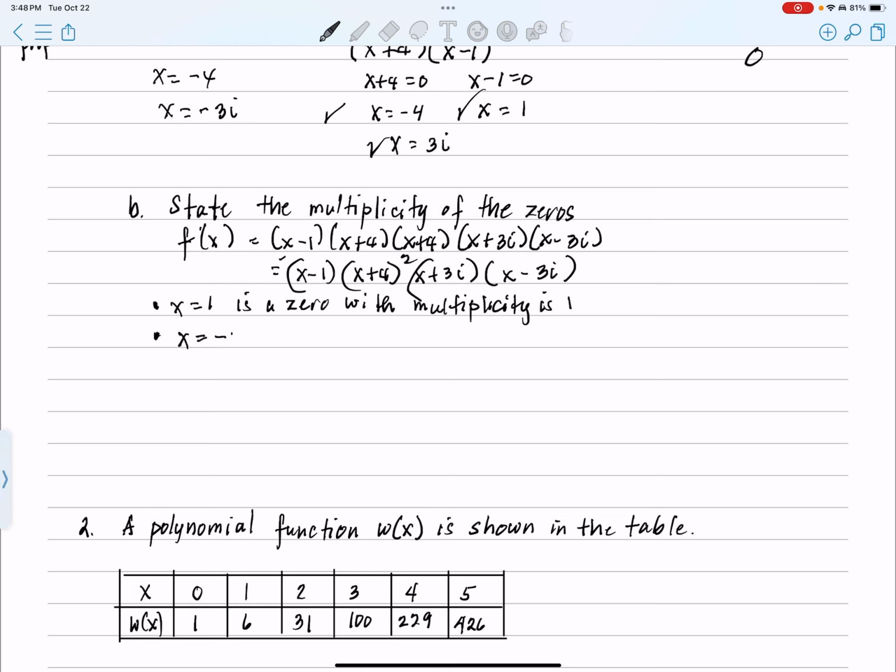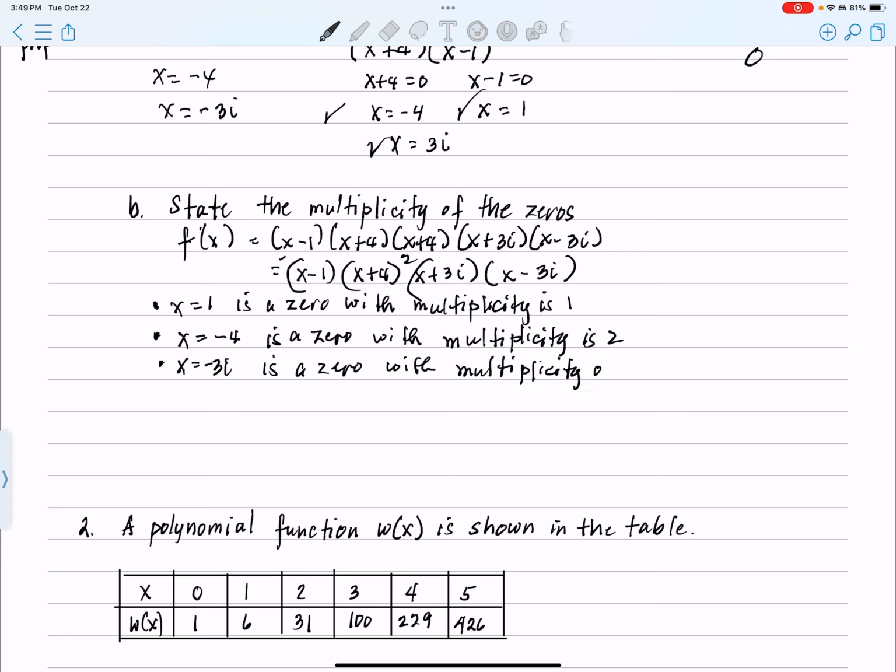While x equals negative 4 is a 0. What's the multiplicity of x plus 4? It's 2, right? How about x equals negative 3i? It is also a 0 with multiplicity of 1.